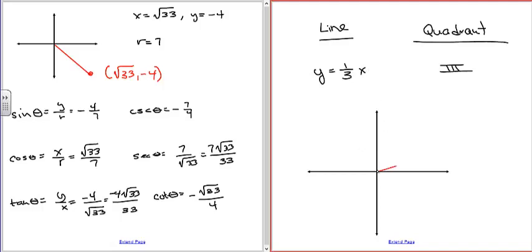So we go through the origin, and it has a slope of 1/3. That means I've got a rise of 1 and a run of 3. So 1, 2, 3, and this point is going to be 3, 1. The x coordinate is 3.